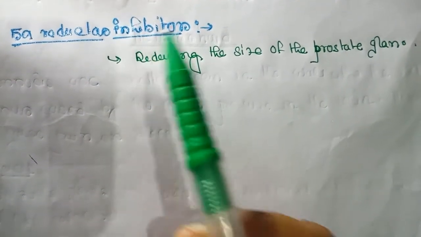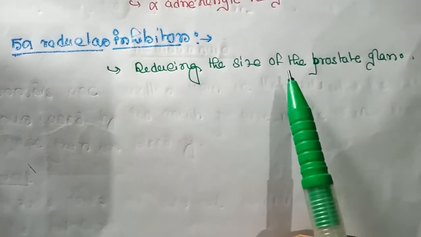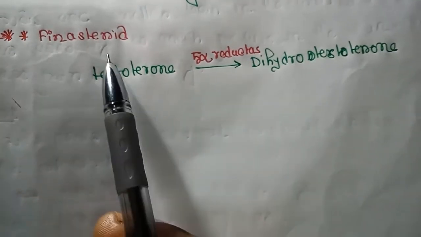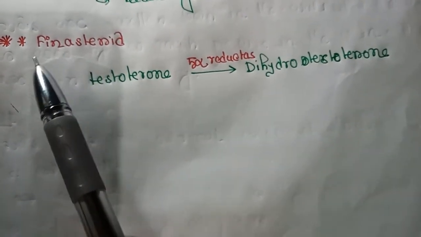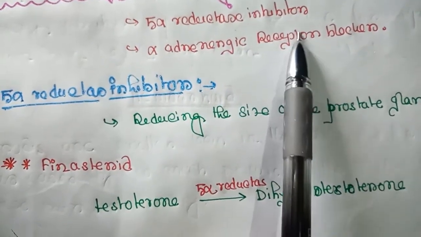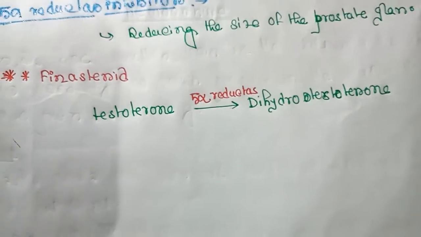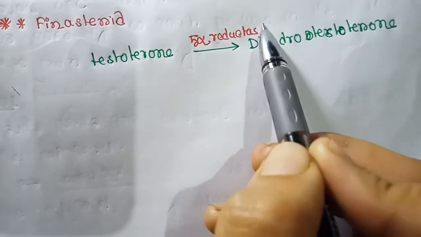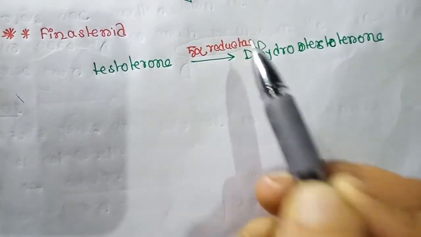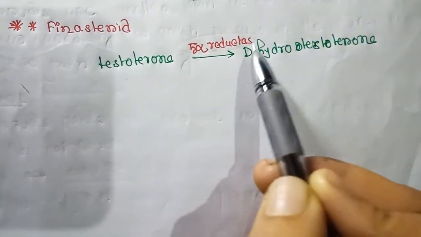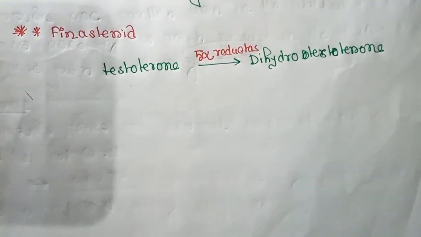5-alpha reductase inhibitor drugs work by reducing the size of the prostate gland. Finasteride is a 5-alpha reductase inhibitor. It blocks the enzyme 5-alpha reductase, which is necessary to convert testosterone to dihydrotestosterone.